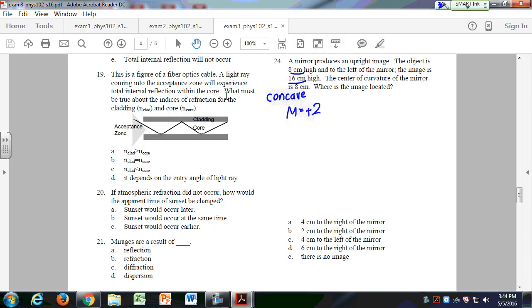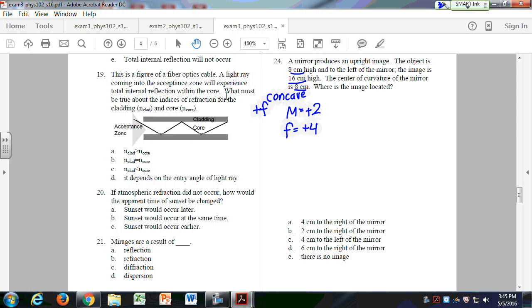Right, a positive 2 magnification. The only type of mirror that can make a positive 2 magnification is a concave mirror. An upright, bigger image has to be a concave mirror. So that means that my focal length is going to be positive. The center of curvature is 8, so my focal length is positive 4.